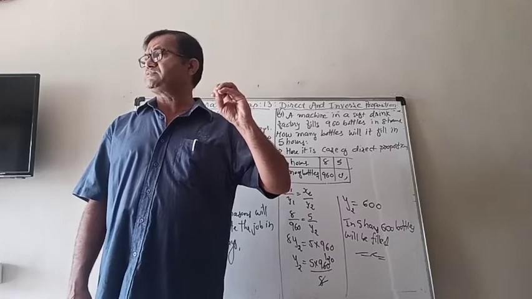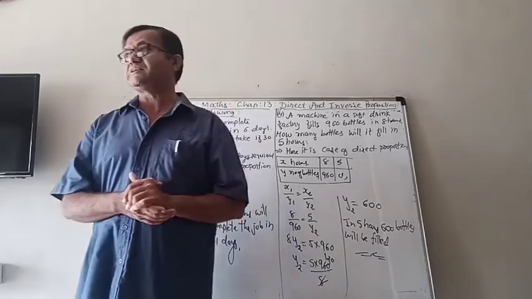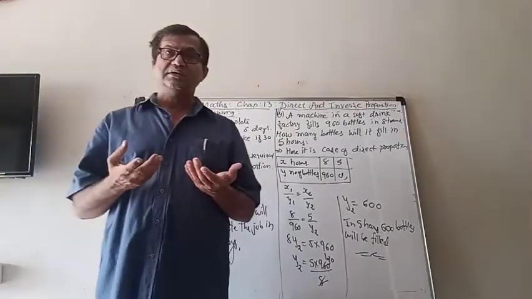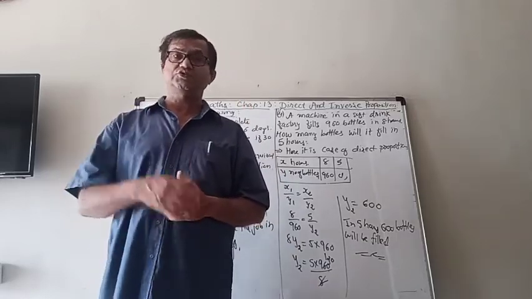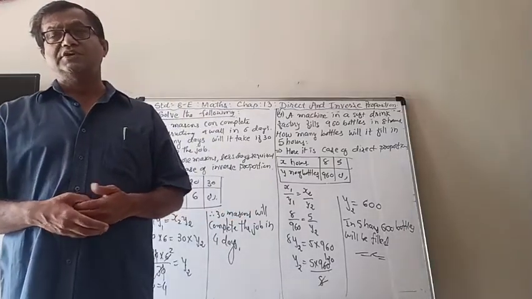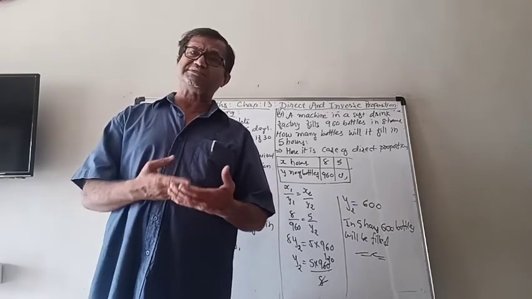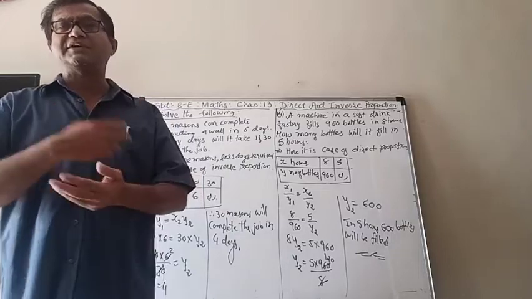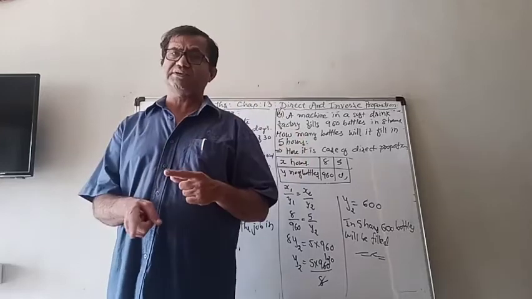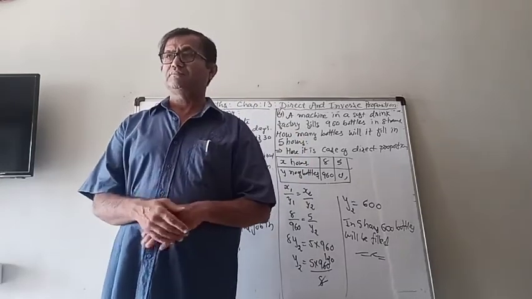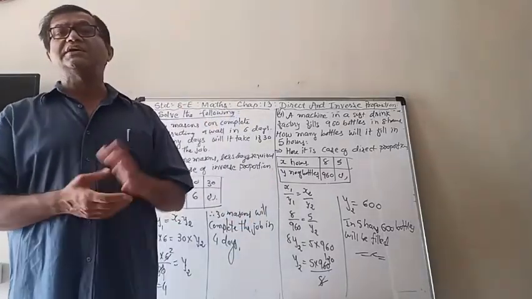When you read the question, check which two quantities are given, and then think that if one quantity increases, what will happen to the other quantity. If both increase together or decrease together, then it is obviously direct proportion. But if when one is increasing the other is decreasing, or one decreasing and the other increasing, in this situation there will be inverse proportion.